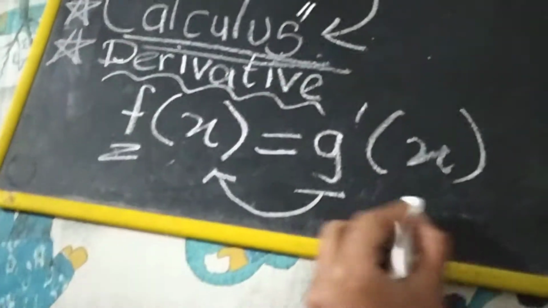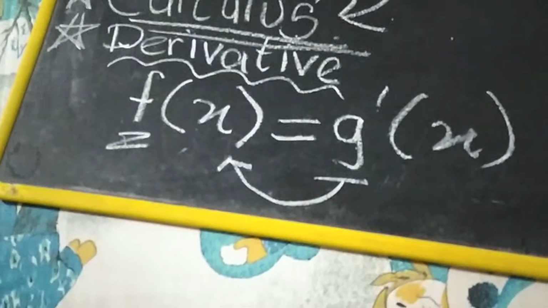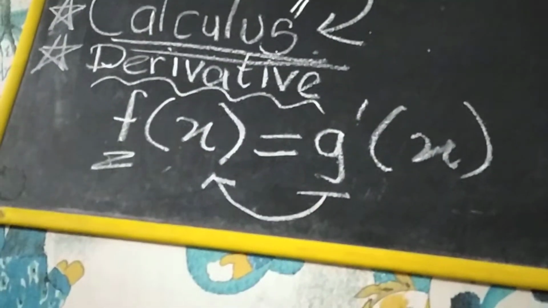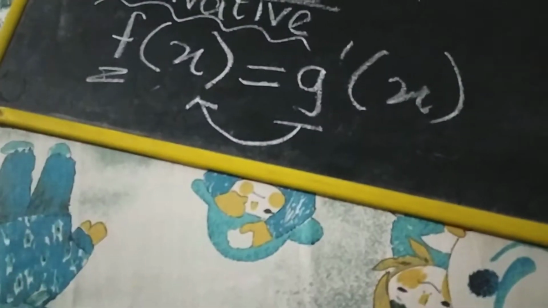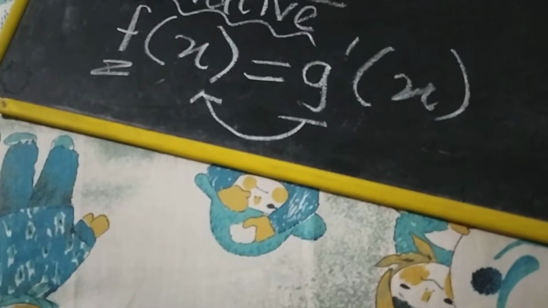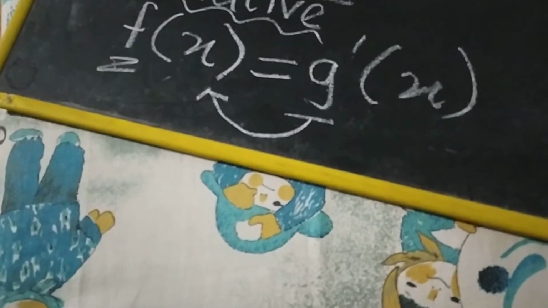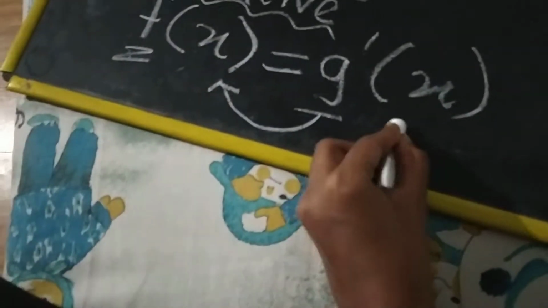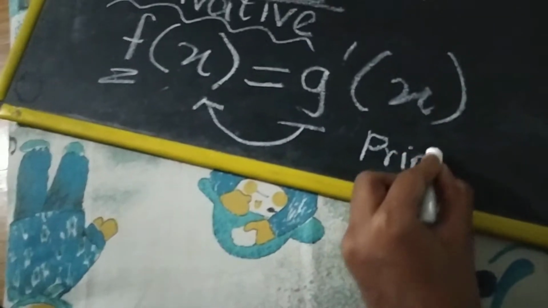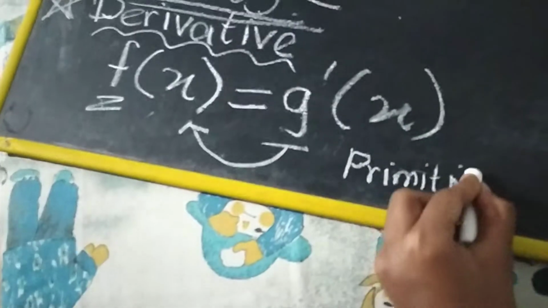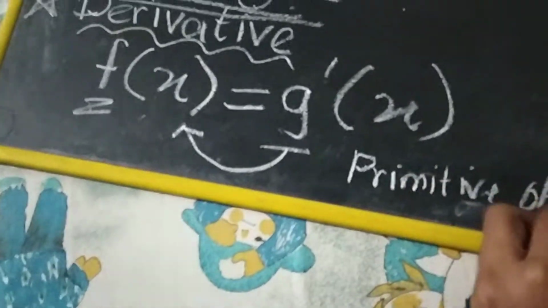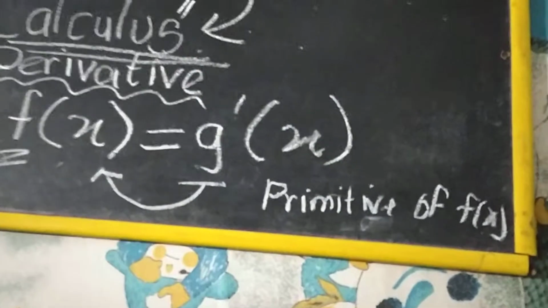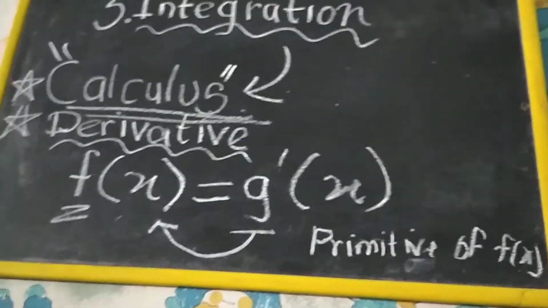This g of x is called the, let me write over here, primitive of f of x.